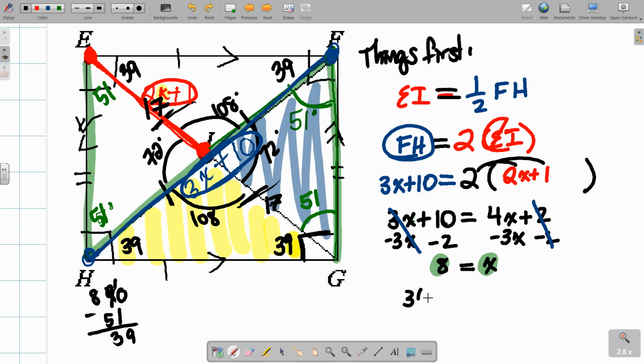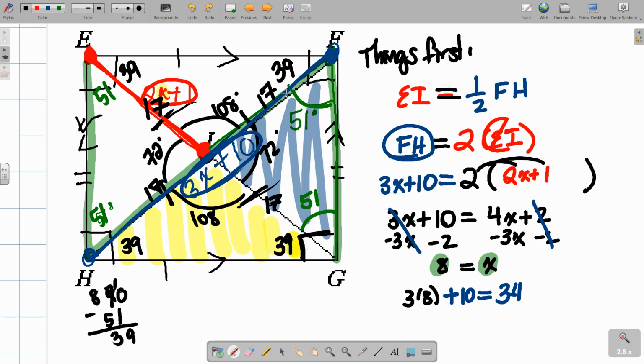So 3 times 8, that's the blue, plus 10. And I know I'm correct because 2 17s equals 34. So from the middle, all of these pieces are going to be 17, whatever units we're using.